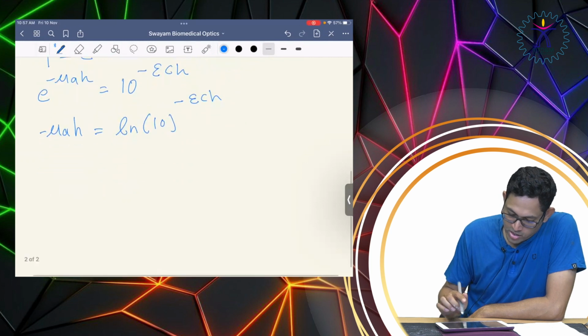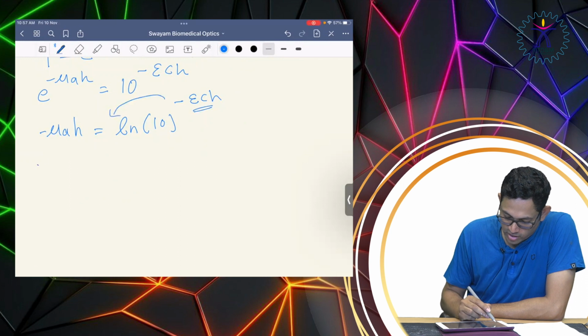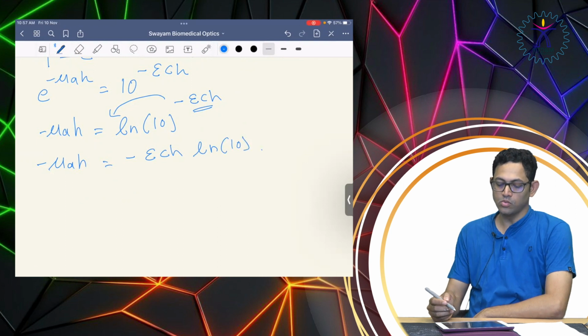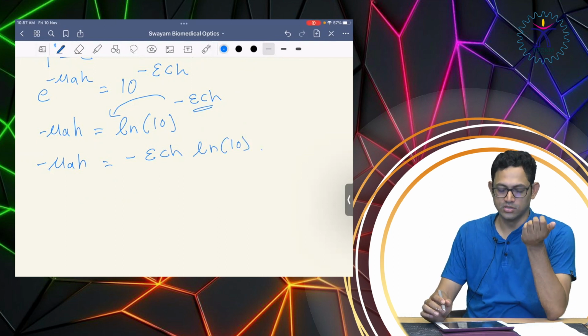I can move the terms across, so mu a h equals epsilon c h into ln of 10, with the sign cancelled. This is what I arrive at for a single species.